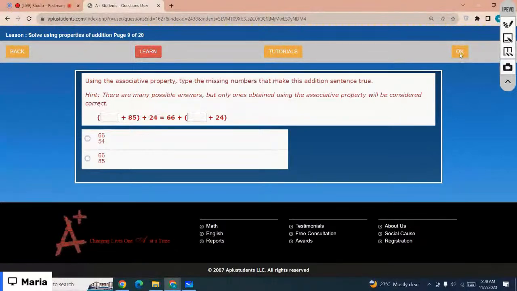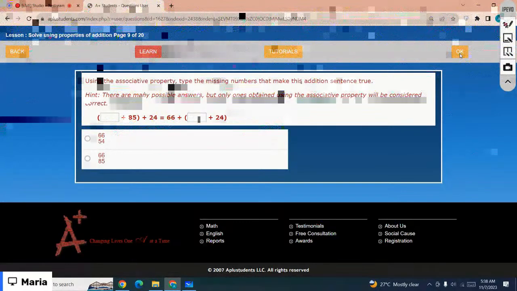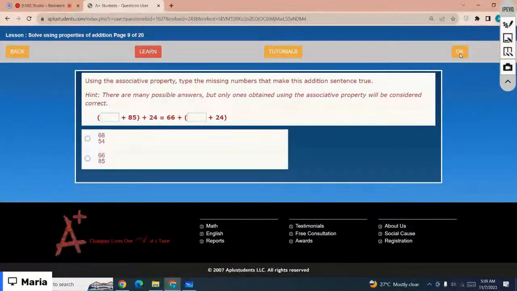Using the associative property, type the missing numbers. The correct option is 66 and 85 it is.